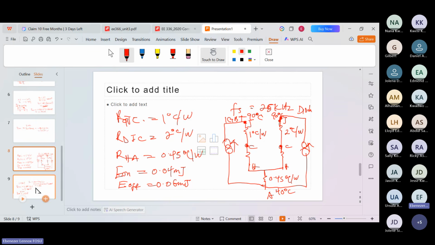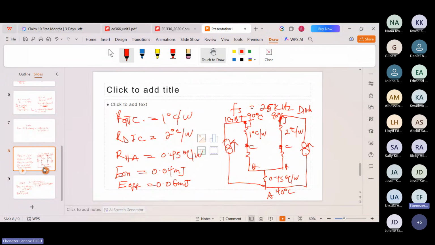Now that we have our thermal model, the second part of the question says we should determine the case to heat sink thermal resistance that can be accepted to ensure that the junction temperature of neither device exceeds 90 degrees Celsius.